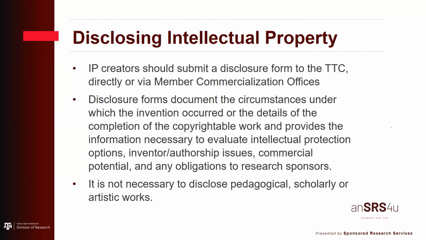And then we've also got to know a lot about the background so that we can establish whether this is actually something that would be considered system intellectual property. I believe Mark already mentioned this, and it is included in the intellectual property policy: this does not include pedagogical work, scholarly works, textbooks, and things like that that faculty may develop. That's explicitly excluded from being considered system intellectual property.